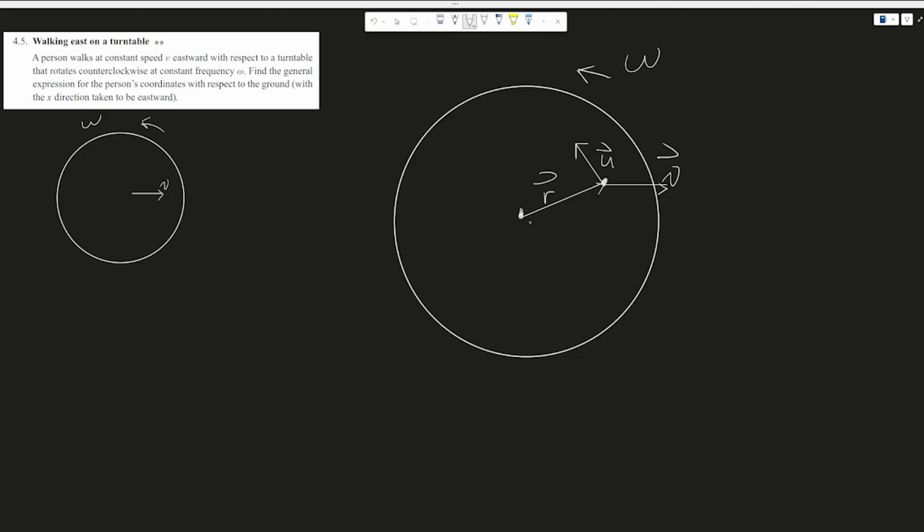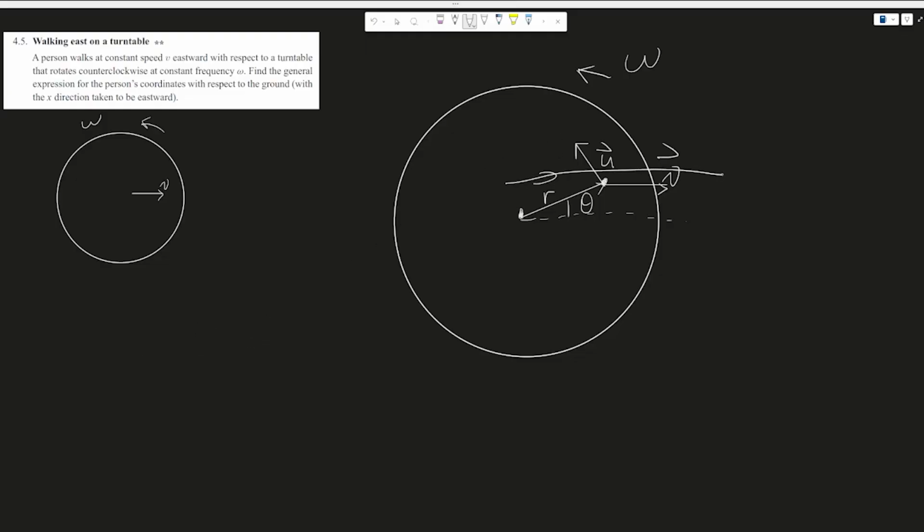And let's call this theta. We want this theta because we want to decompose this motion into directions. So let's decompose this into x direction and y direction.